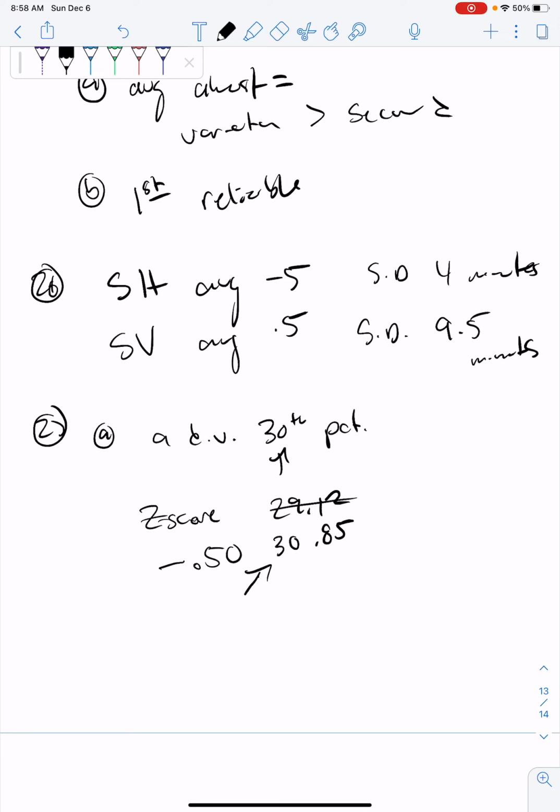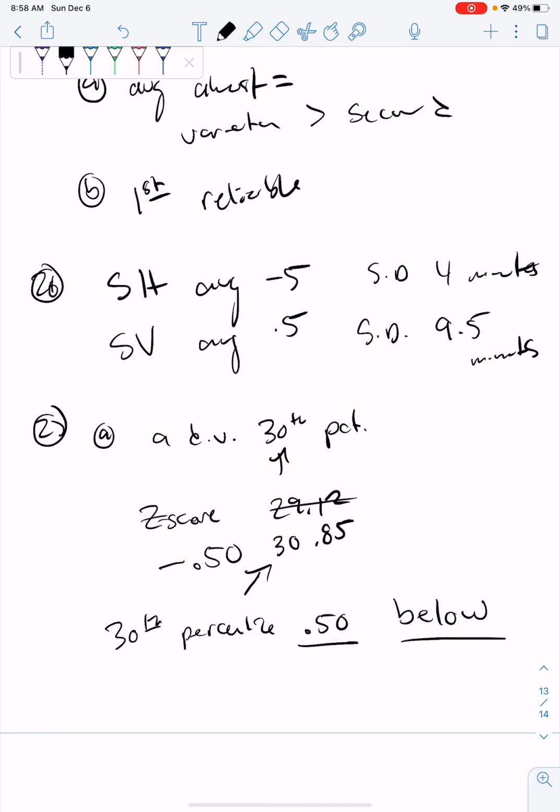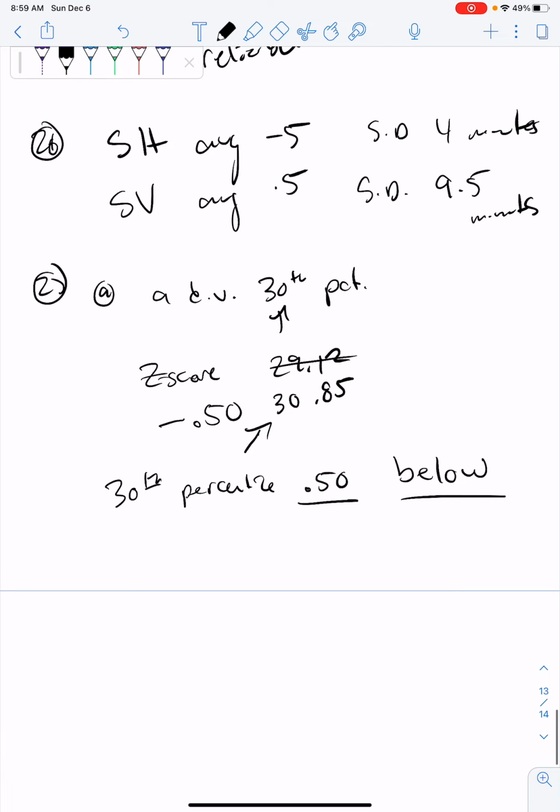What that means is that the 30th percentile lies 0.50 standard deviations below the mean. The negative tells me that it's below. So it's 0.5 below the mean. All right, so for part B, I'm using the 90th percentile.